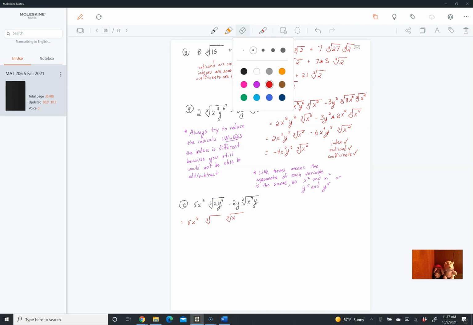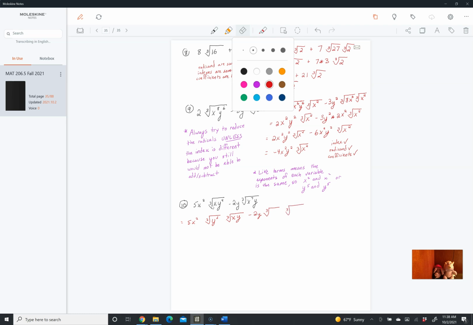Y to the fourth. 4 is not divisible by 3. We go down by 1. 3 is divisible by 3. So we're going to put a y cubed over here. And there's one y left over. Now we have a 2y, and we're going to do the same thing with this one. We're going to break it up into a perfect cube, and then what's left over?